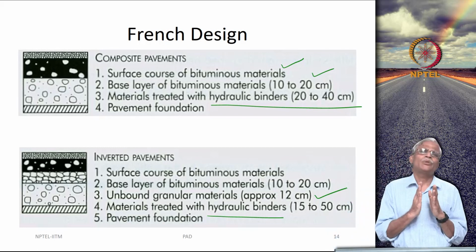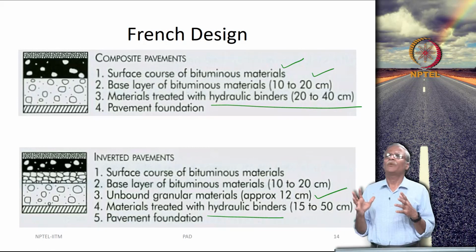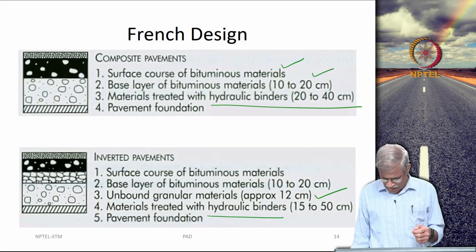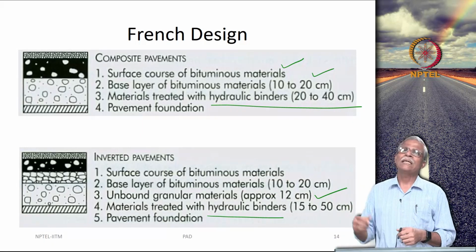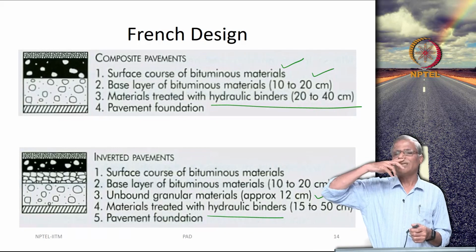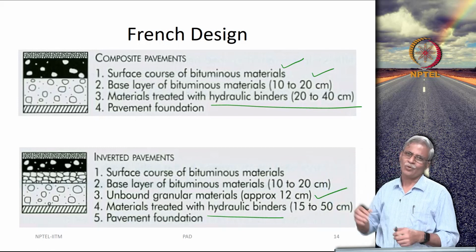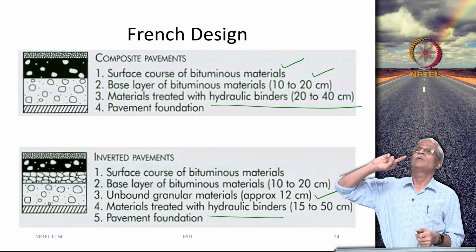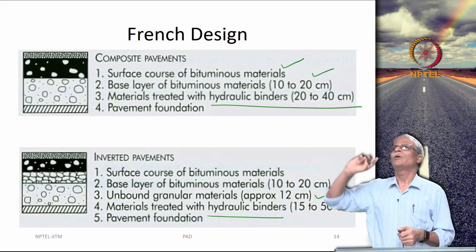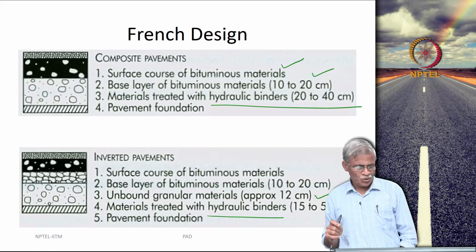Now, there are some issues related to computing the critical stresses and strains when you are using this kind of inverted pavement. Okay. It will become obvious as we go along, because the stress analysis procedure that you follow basically assumes that E1 is greater than or equal to E2, greater than or equal to E3, and so on. So, sometimes when you have the modulus value of the bottom layer slightly more than what you see for the top layer, you might have some interesting scenarios, we will see.